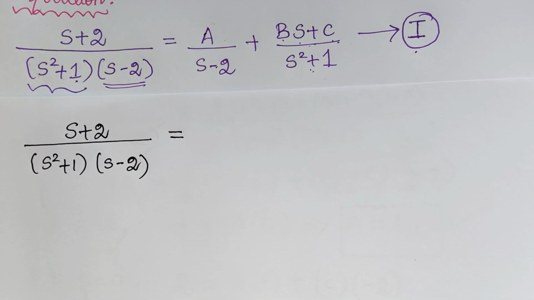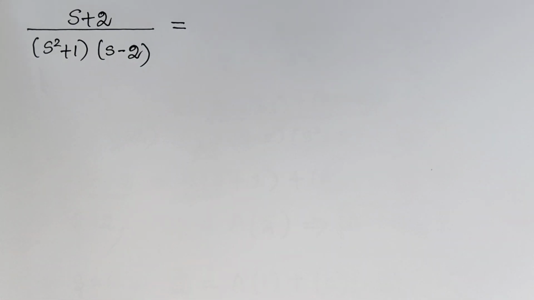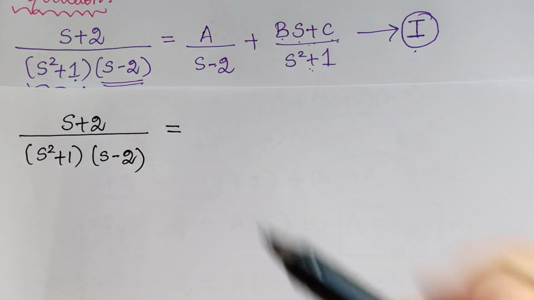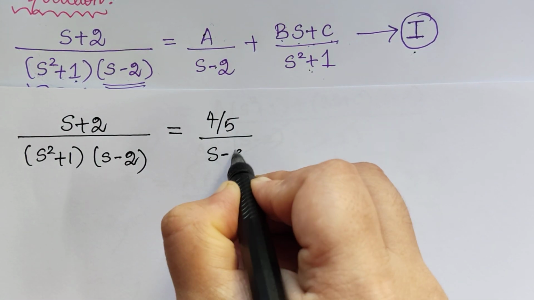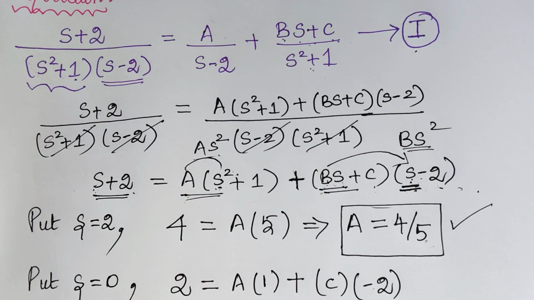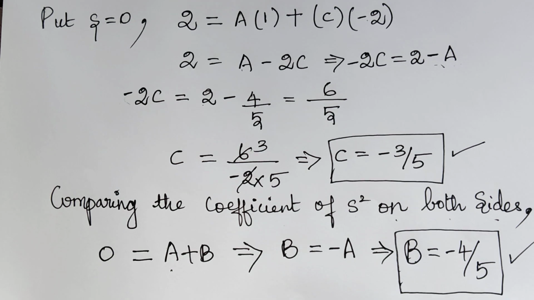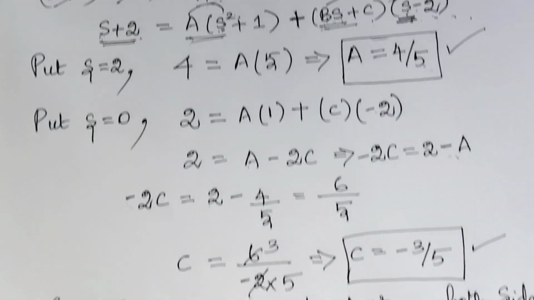A, what did we get? The value of a is 4 by 5. So if we substitute that, we will be getting 4 divided by 5 divided by s minus 2 plus, what is the value of b? B is minus 4 by 5, and the value of c is minus 3 by 5. These two values we will substitute.